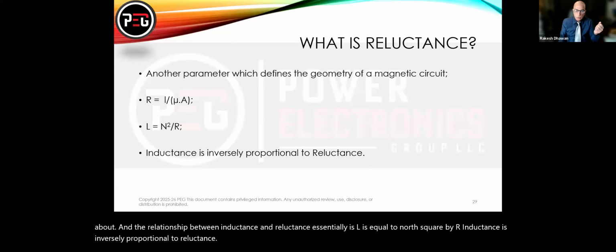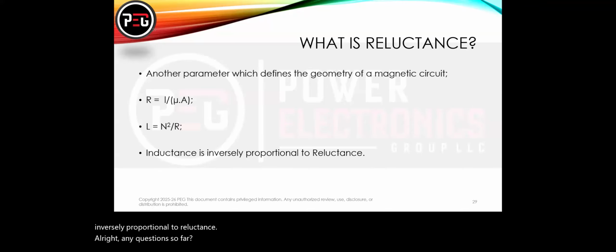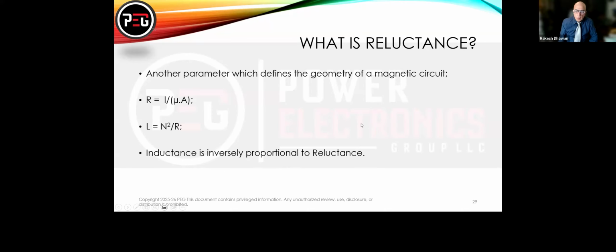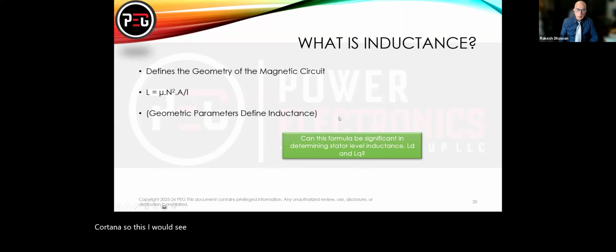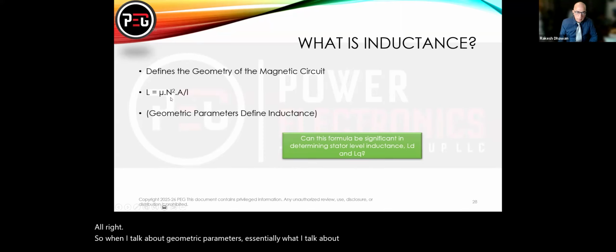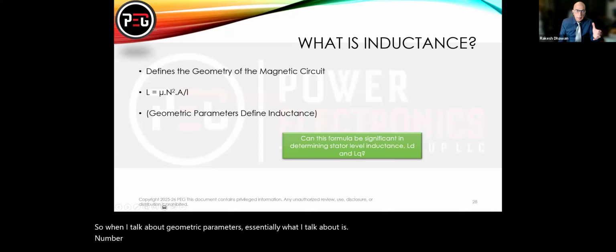All right, any questions so far? What do you mean by geometry of magnetic circuit? Good question. When I talk about geometric parameters, essentially what I talk about is number of turns, area, length. They're all constants, right?